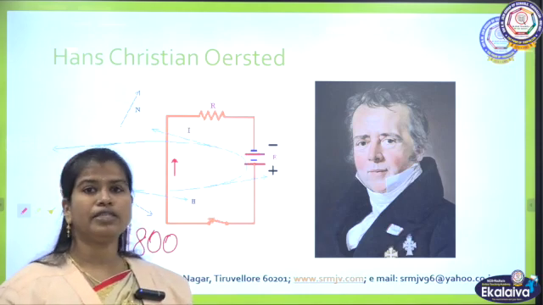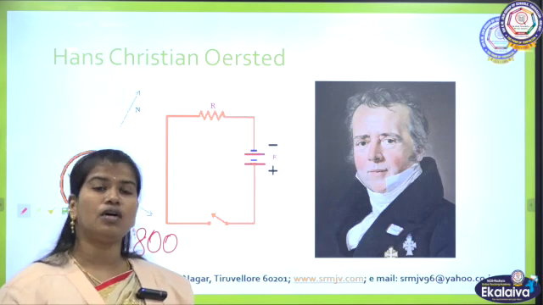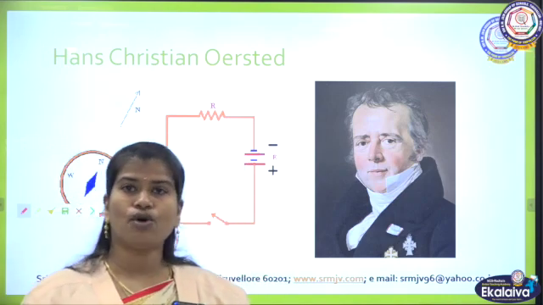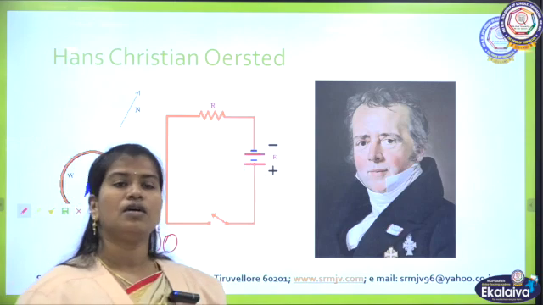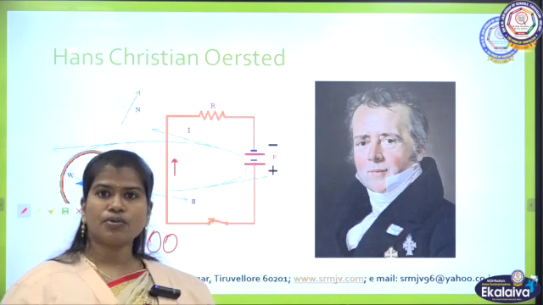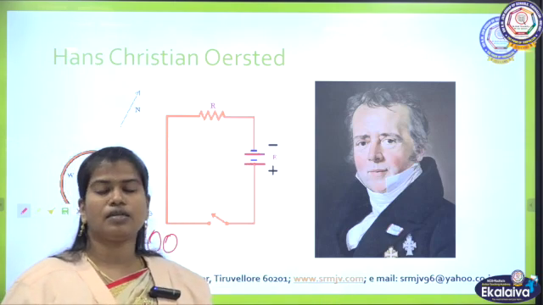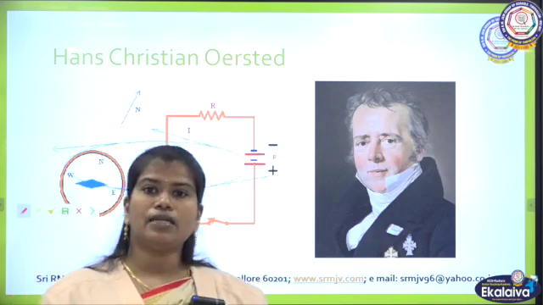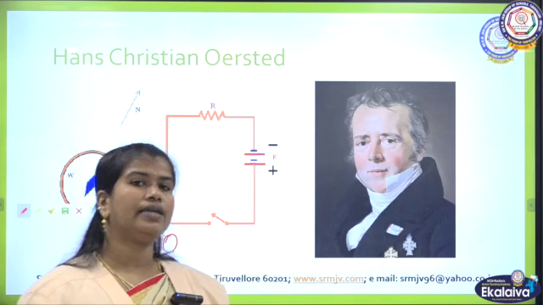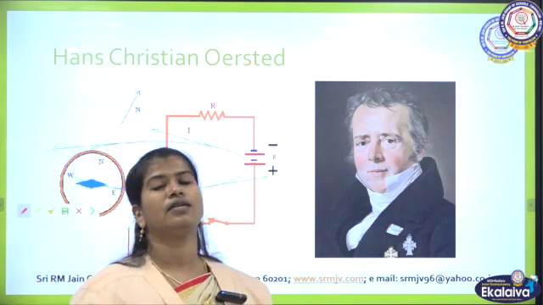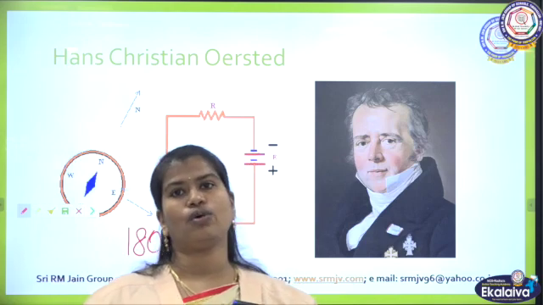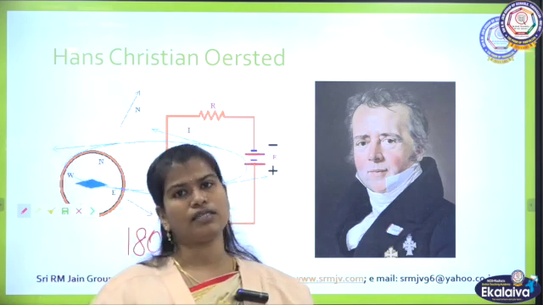And when he was doing that, he found that a magnetic compass got deflected, and he raised a question: why did it deflect? Because of that, he did many experiments, and he concluded that electric current also has a magnetic field. Okay, so how did he come to that conclusion?